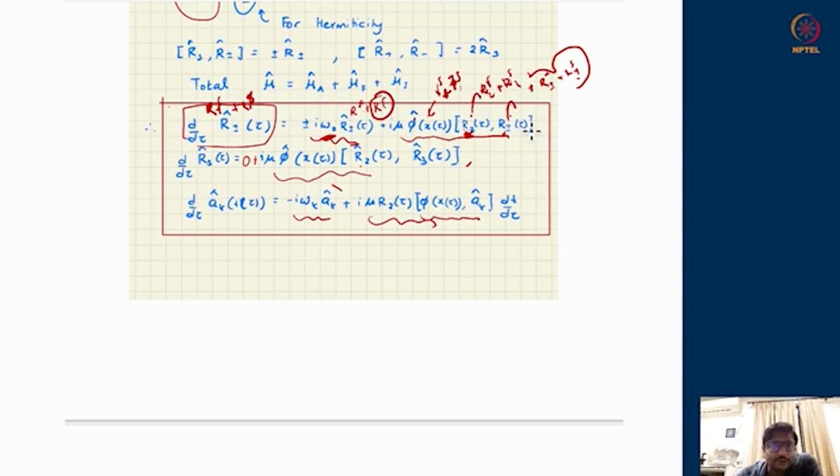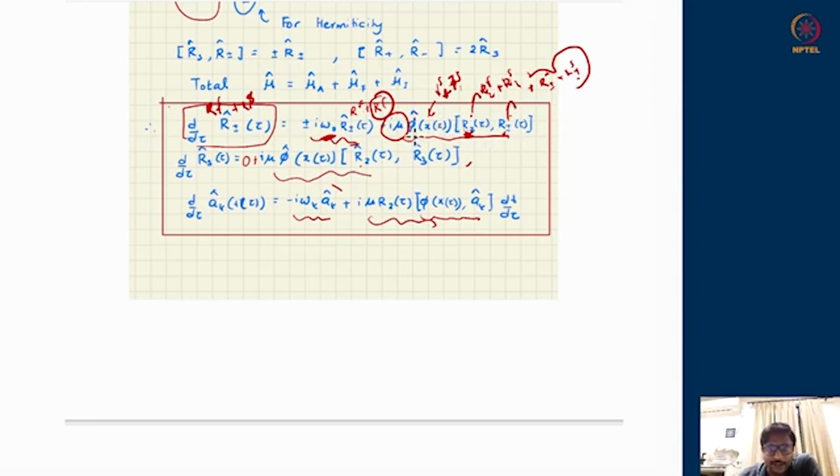And the source part, if you see, is coming through the interaction term. That means the parameter of control mu appears once. So if I want to truncate things at the leading order, only one operator of source nature should appear and two operators of free nature should appear.